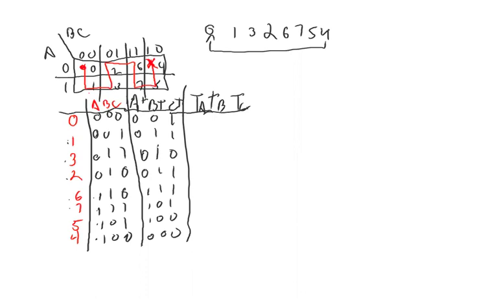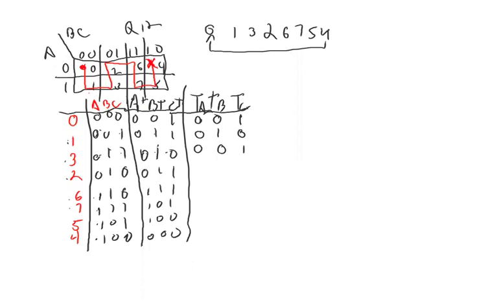Okay. Let's see if we can figure out what T sub A, T sub B, and T sub C should be. We are in question 12 right now. So A is not changing. B is not changing. C is changing. A is not changing. B is changing. C is not changing. So we have no change and change in the least significant bit.